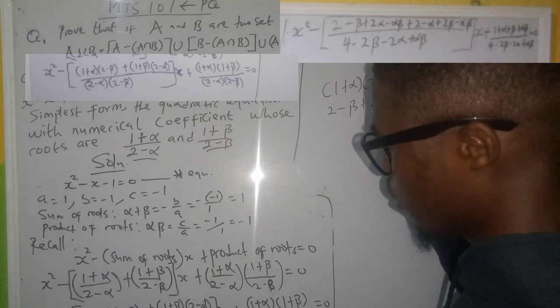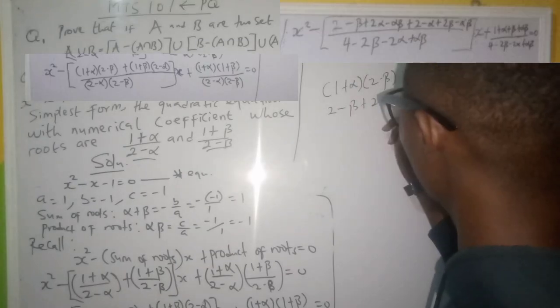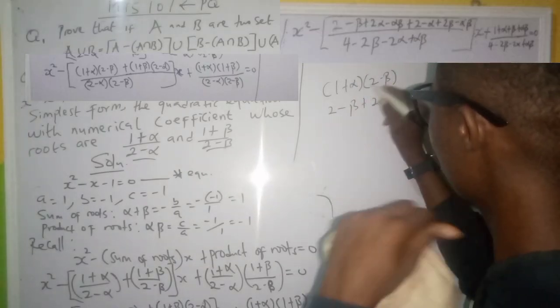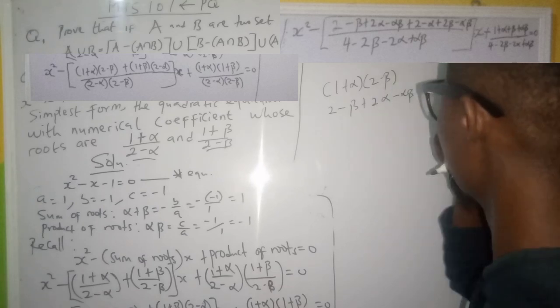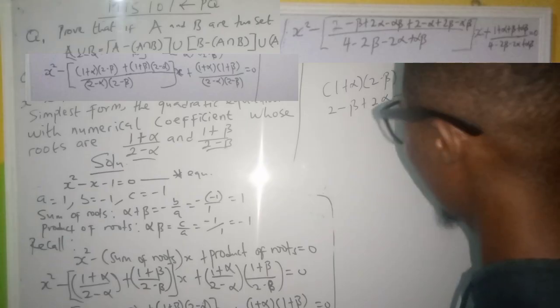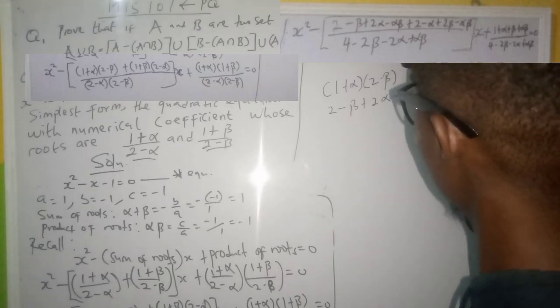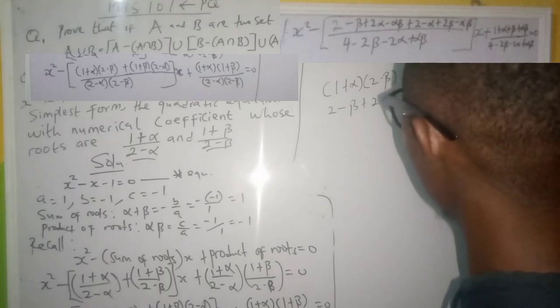Hope there's no mistake here. Okay, this is 2, this is minus alpha, this one is minus alpha beta. Alright, so this one is 2 minus beta plus 2 alpha minus alpha beta.